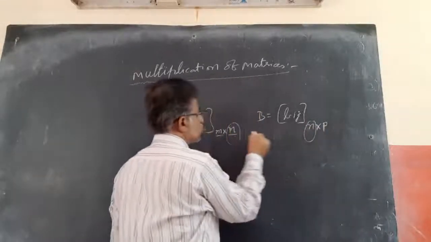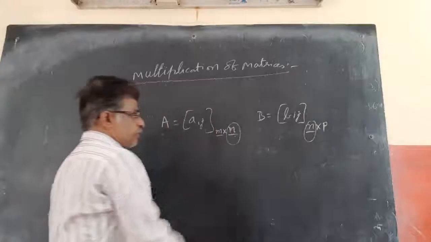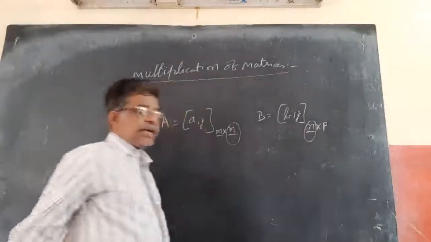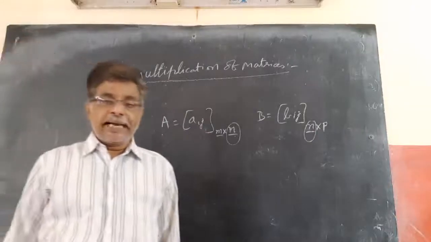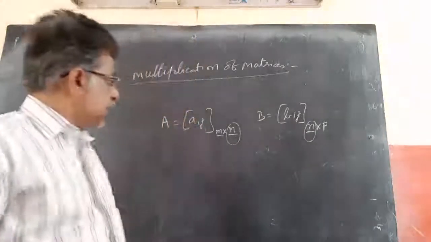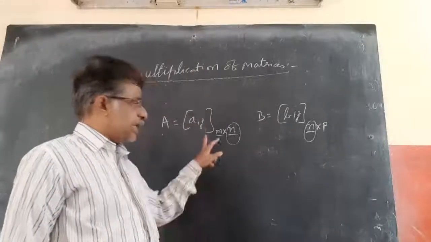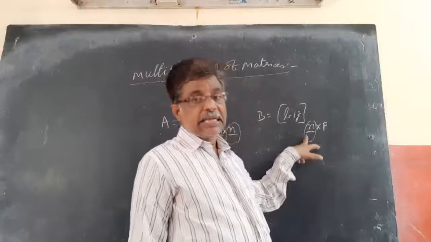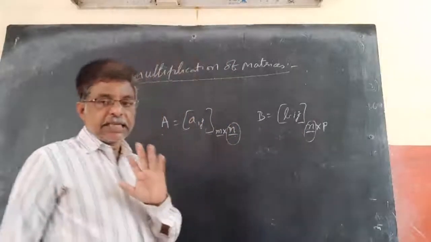So these two should be equal: the number of columns of the first matrix equals the number of rows of the second matrix. Then only matrix multiplication is possible.